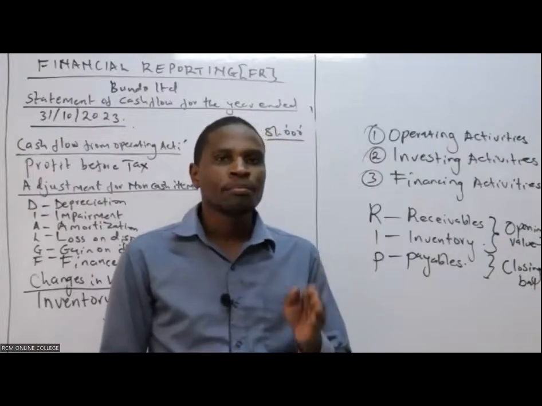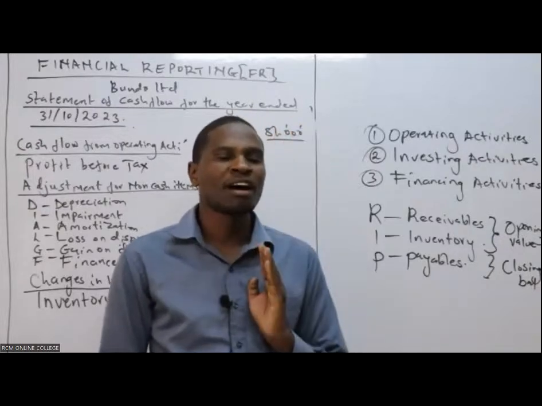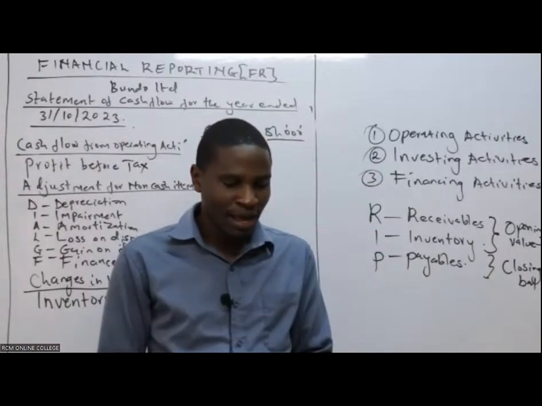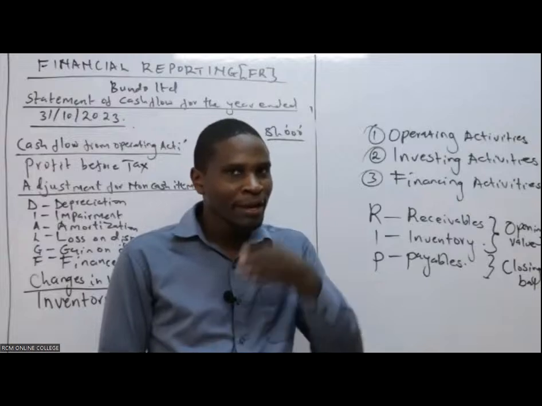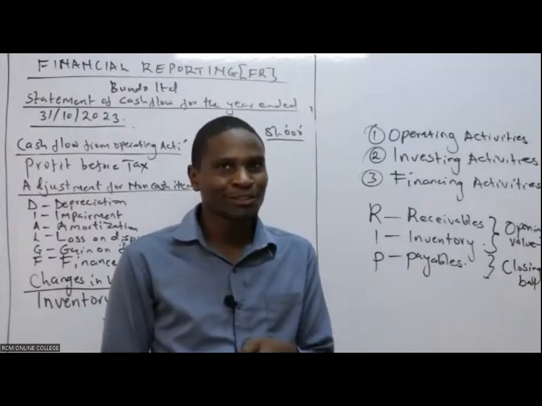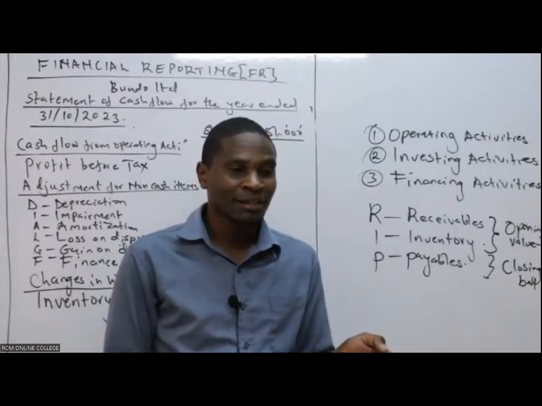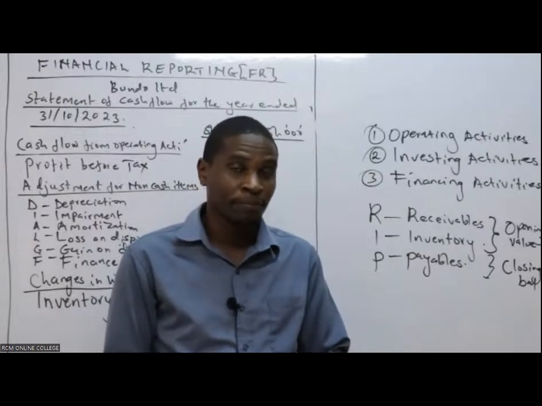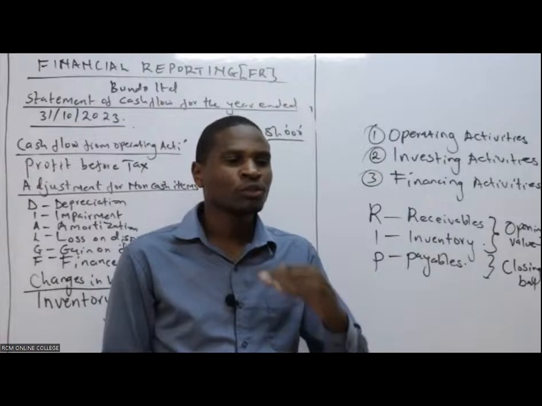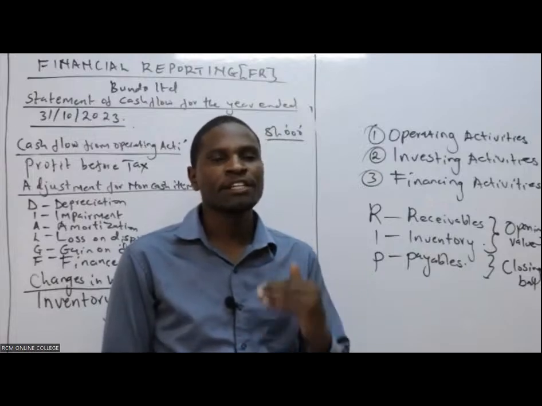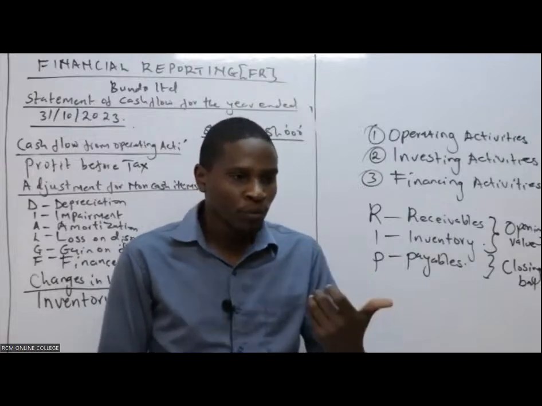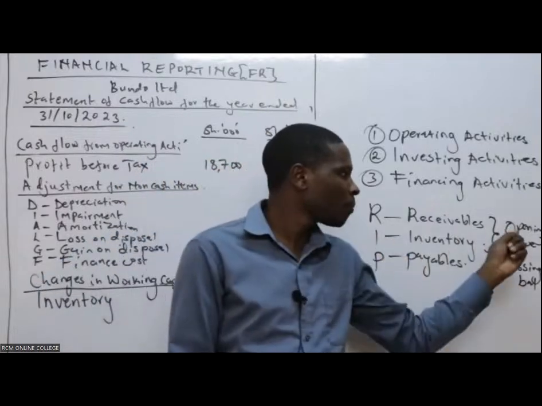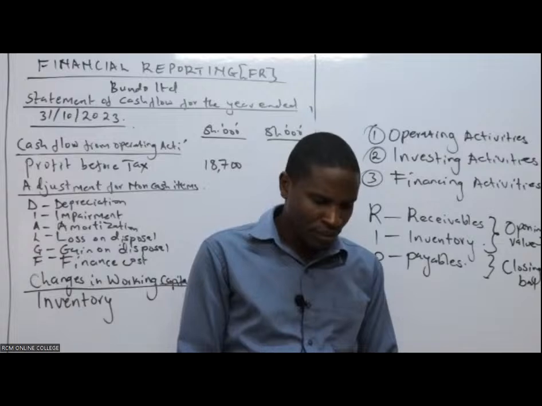Now, the examiner is always wise. He knows that people don't look at the years above there, and people tend to assume that the first column is for the previous year. But that is not the case. You can see the first column is for the current year. So it's always good to be very keen. So we've been told by Agnes that the opening balance was 5760.